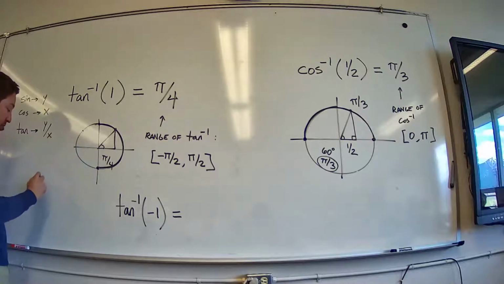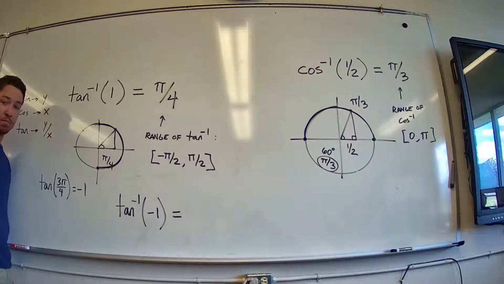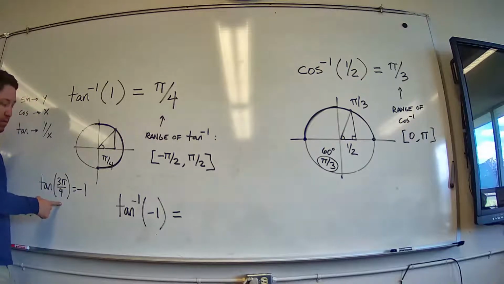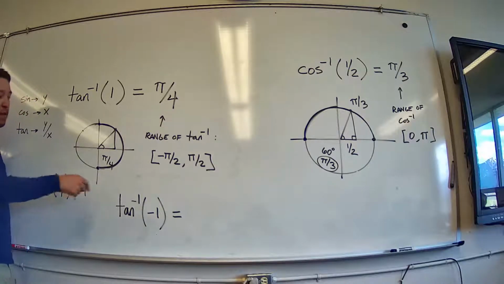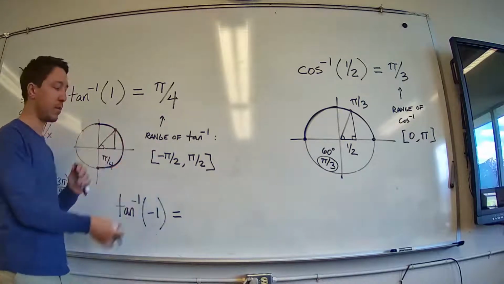Right here, because is it true? Is the tangent of 3 pi over 4 equal to -1? Yeah, that is a true statement. However, 3 pi over 4 is not in this restricted range that we created artificially.